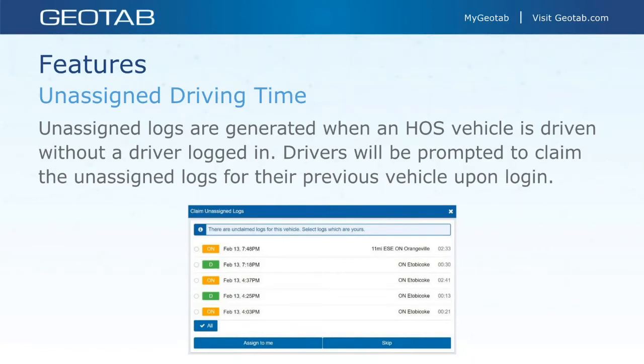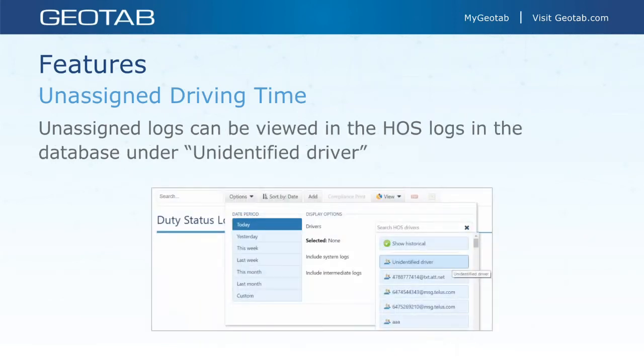This vehicle was driven at these other times. Was this you? And if it was, you can claim those logs and assign them to yourself. If they are not yours, you would just hit the skip button and you can leave the logs for someone else.